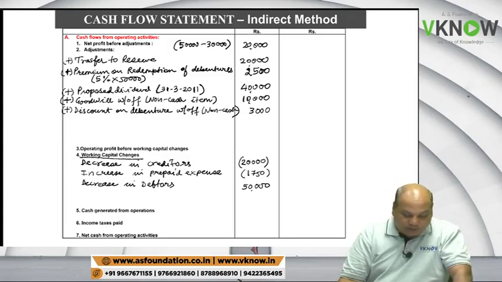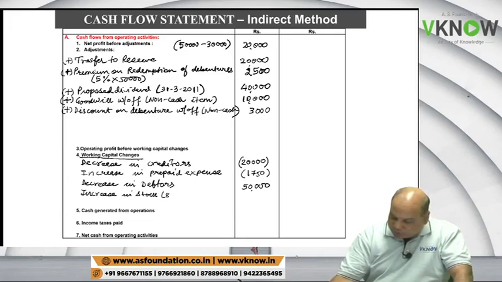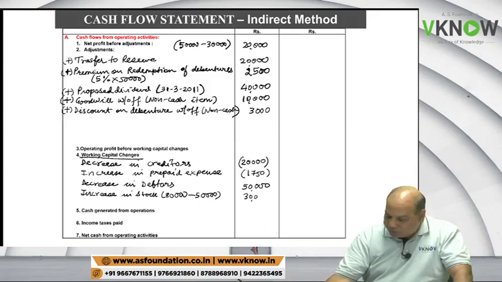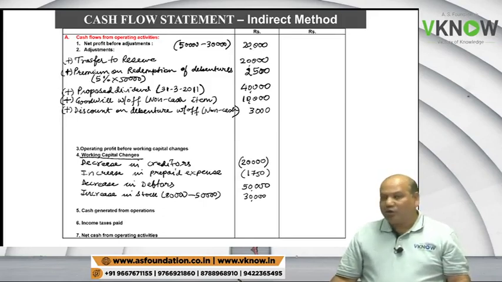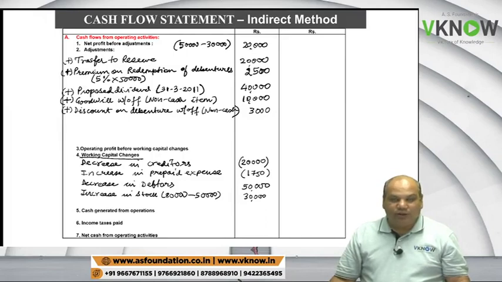In the same place, write down one more line, increase in stock. Stock is closing 80,000, opening is 50,000. So tell me quickly, increase in stock is increase in cash flow or decrease in cash flow?